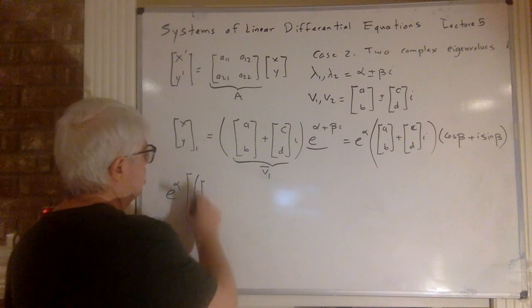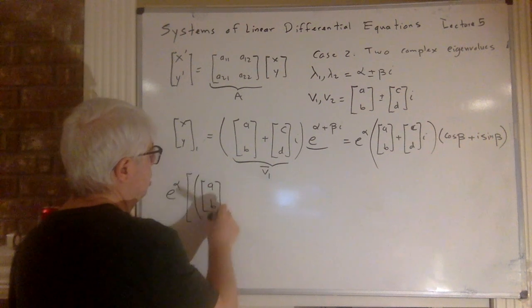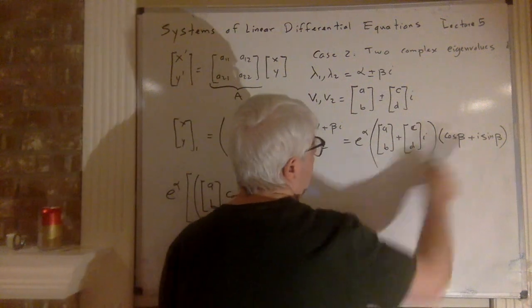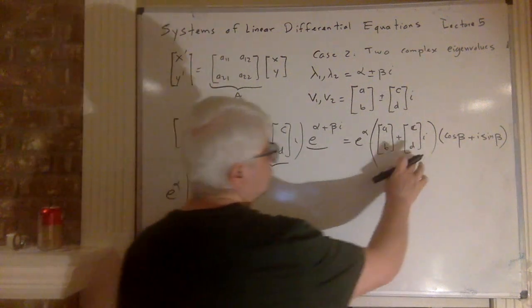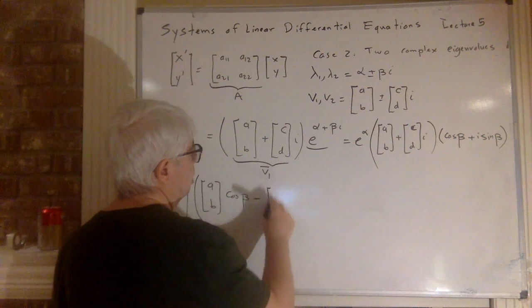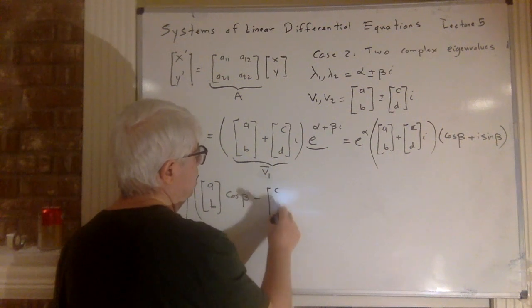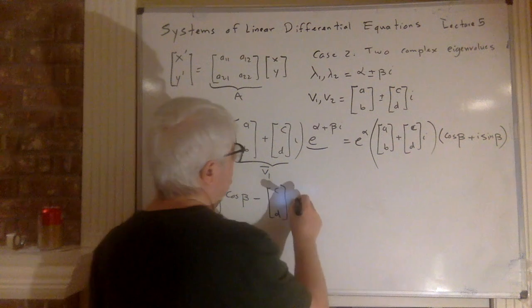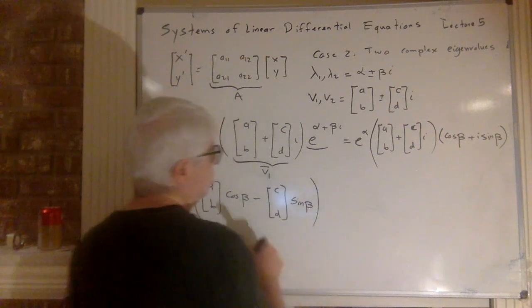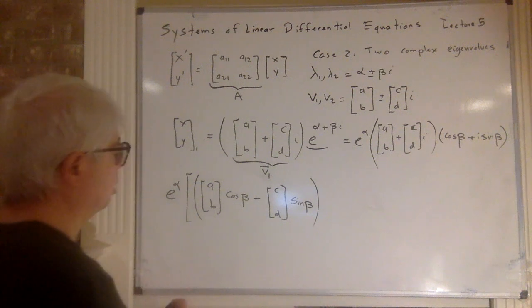Our real parts are A, B, cosine beta. This i times i is minus 1, so this is also real. So I have minus C, D, sine beta. This is the real part of this expression.